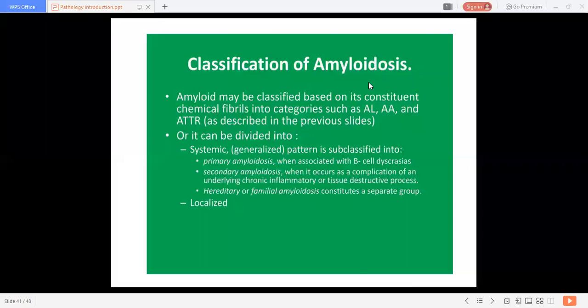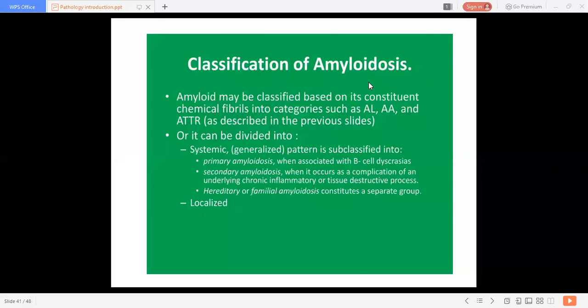So what are the organs? Tongue, nasal septum, trachea, larynx, bronchi, skin, alimentary canal. Whether the heart is involved?